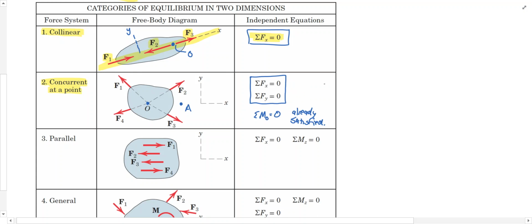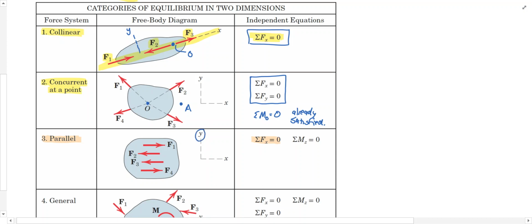All right, the third system would be that of parallel forces. So you can see F1, 2, 3, and 4, they share the same direction in space. They're all parallel, so their lines of action are all parallel. But they don't have the same line of action as they did in case number 1. So here, you can establish your coordinate frame, and you'll notice that the sum of forces in the x has to be equal to 0. That's useful because the forces are all in the x direction.